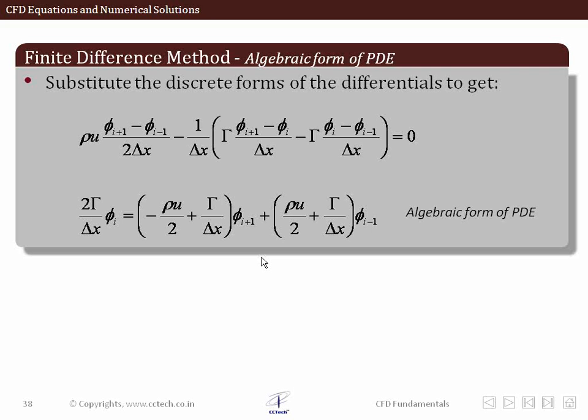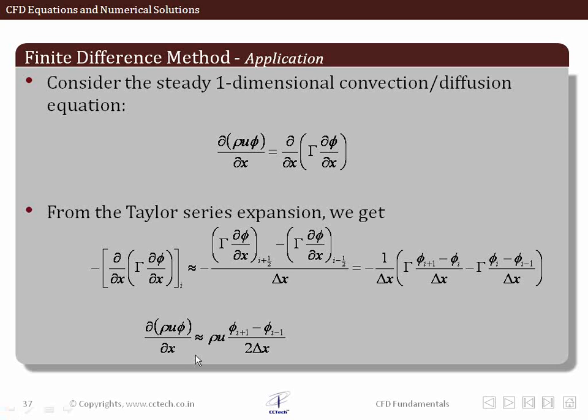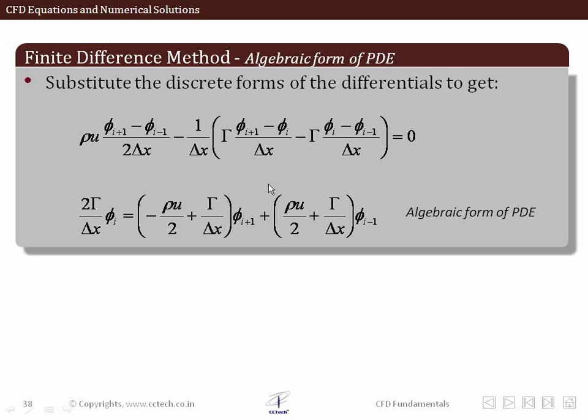And ultimately we end up, when we put these difference equations in the actual partial differential equation form along with the truncation error, you can see in the previous slide this lack of exact equality is because of the truncation term. But when we try to apply it, we obtain an algebraic equation.